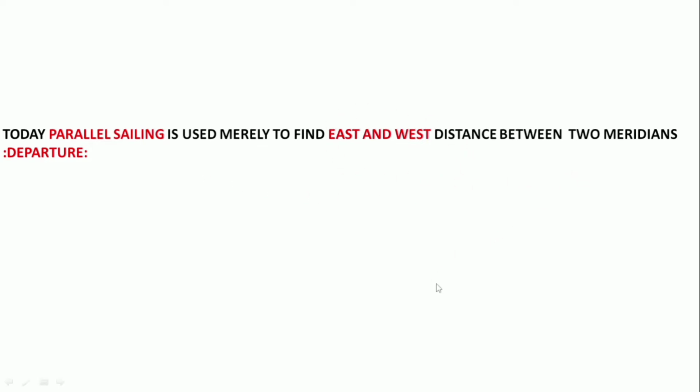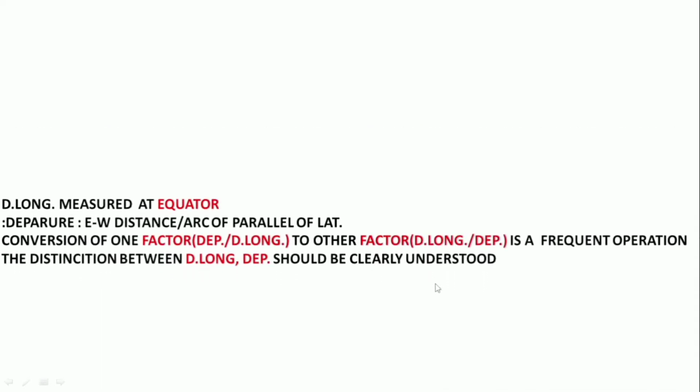Now it is important for us to know the distinction between D.LONG and departure, because you keep on converting your departure into D.LONG or D.LONG into departure quite frequently. So this should be clearly understood. There is a trigonometrical relationship between departure, D.LONG, and latitude, which can be proved.